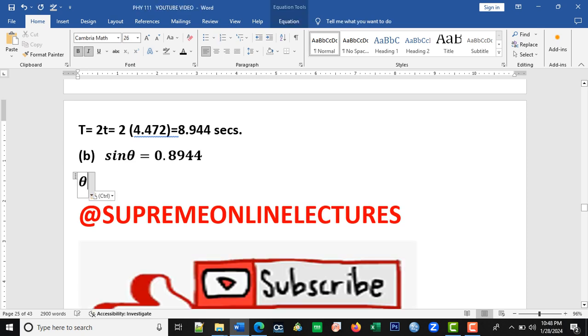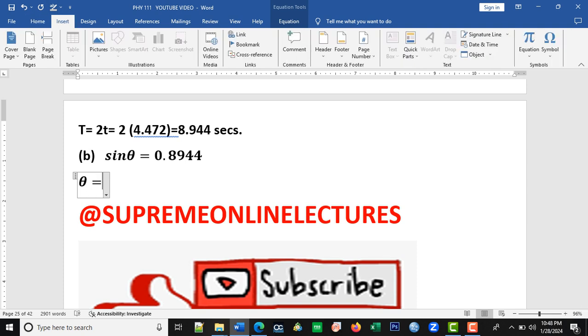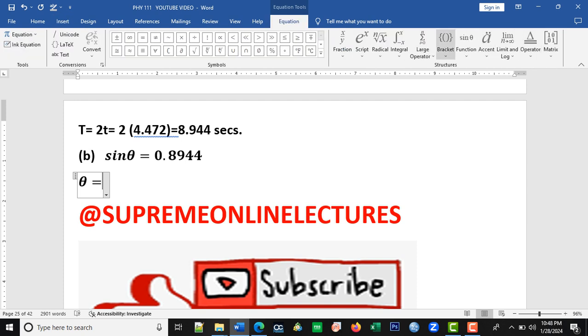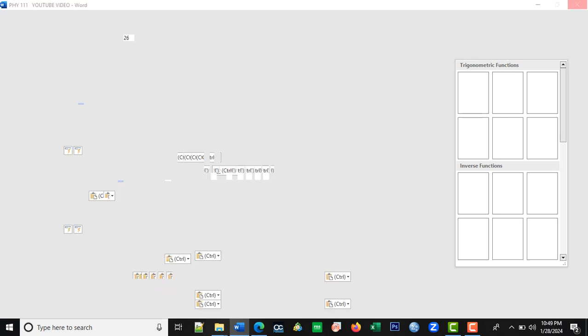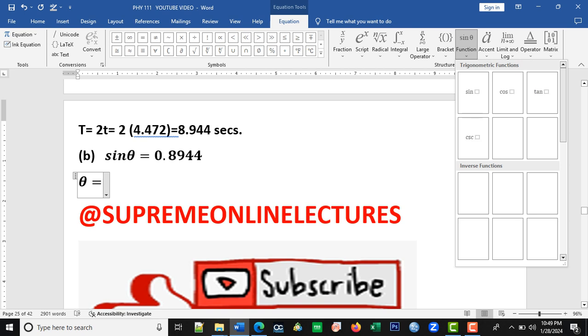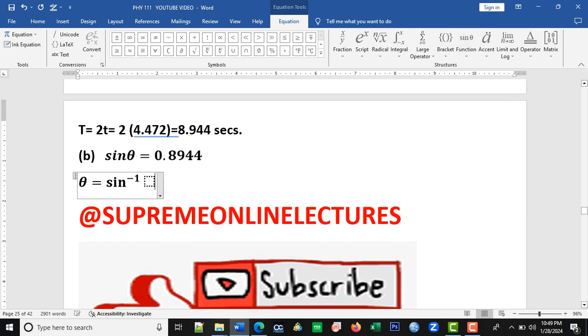So theta is equal to inverse sine 0.8944.